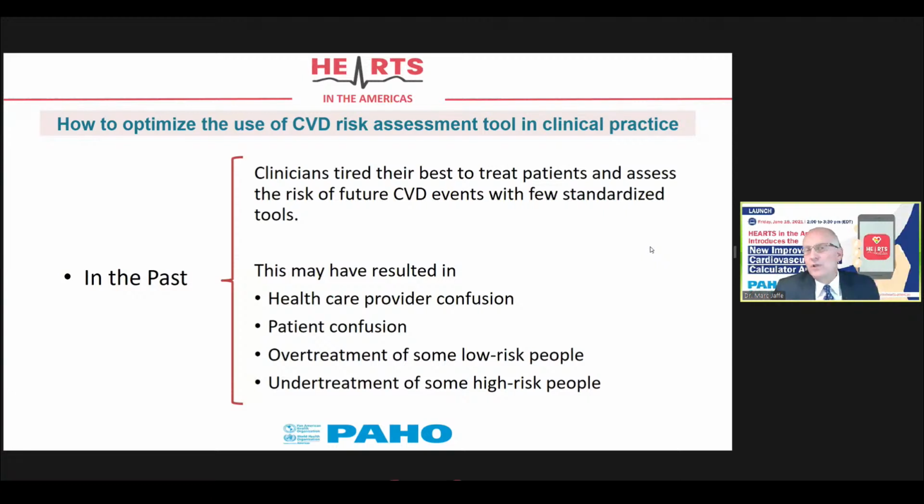And I think what happens in that case, when everybody does whatever he or she thinks, is that it may have resulted in confusion amongst the healthcare workers. And then if the healthcare workers are confused, then the patients are likely to be confused as well. And as Dr. Graziano mentioned, it can lead to over-treatment of low-risk people and under-treatment of high-risk people. So let's hope that that's in the past. So we go to the next slide.